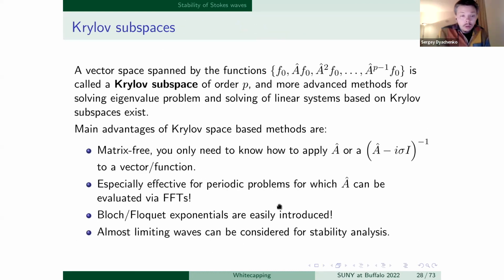Okay, so let me also very briefly reiterate. The method that we talked about right now is in the class of Krylov subspace methods. Krylov subspaces are spaces spanned by the functions of the form f naught, A f naught, A squared f naught, and so forth.